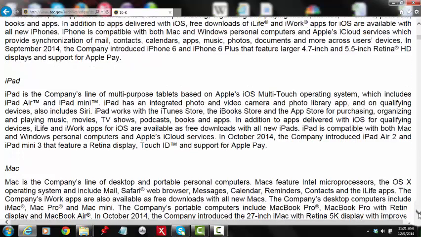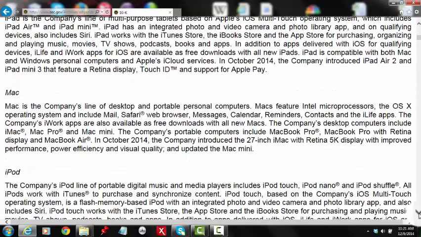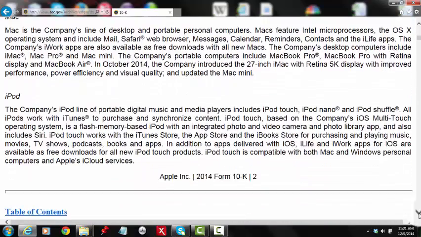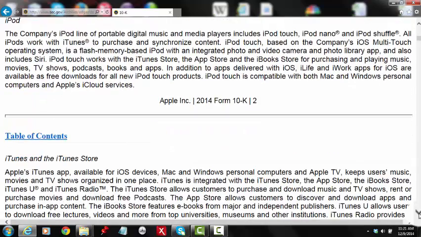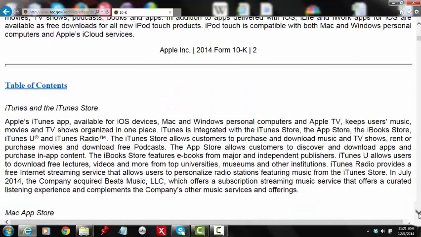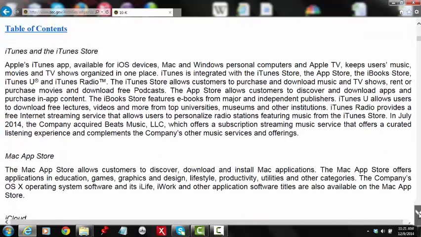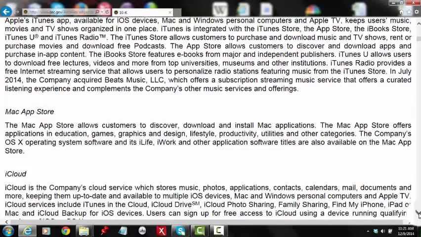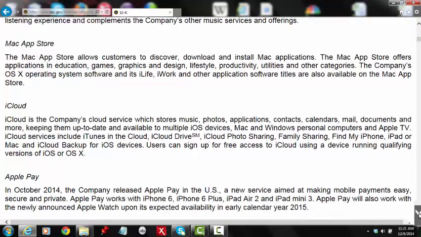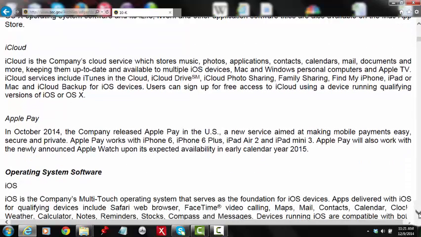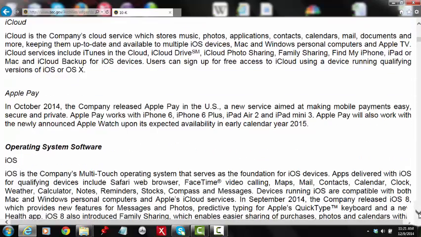The second is iPad, the second biggest product, then Mac, and then the iPod. Actually, iPod is somewhat declining. Then we have iTunes and the iTunes Store, another important source of revenue, and the Mac App Store, and Apple Pay and all those things. They're emerging, but right now they are not generating any revenue.